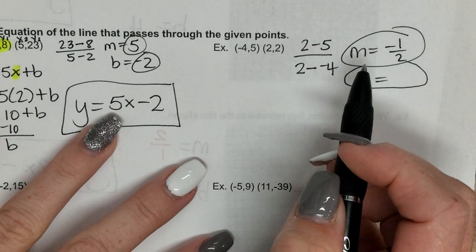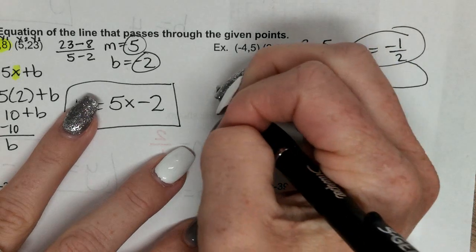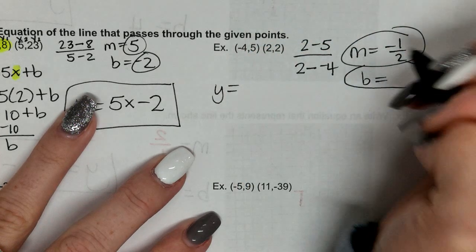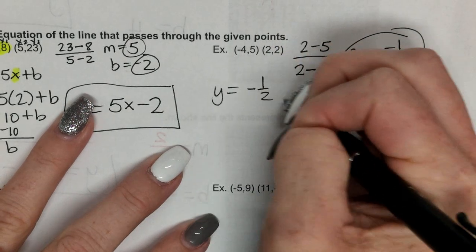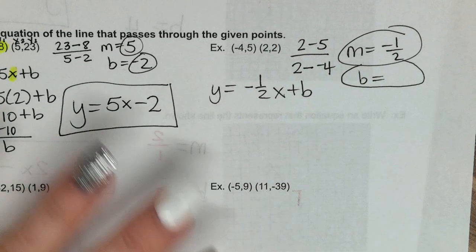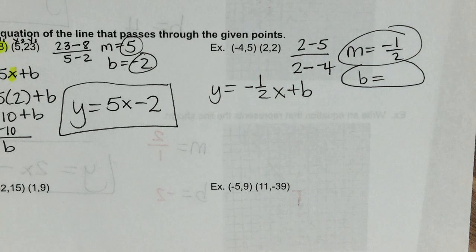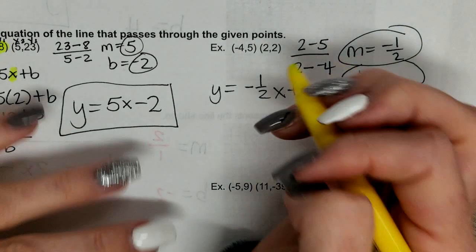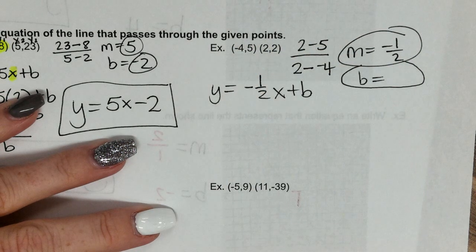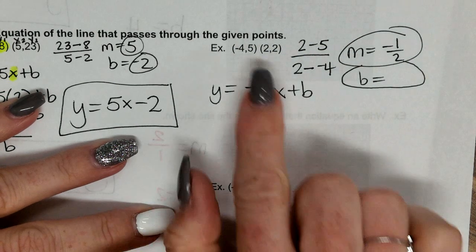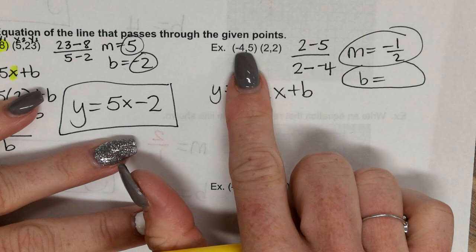So to solve for b, I'm going to write y equals, and for m, what am I going to write? Negative 1/2 x plus b. To solve for b, I'm going to plug in one of these coordinates. And guys, it does not matter which one you do, you will get the same answer. Now, how many of you love negatives? Because I don't.